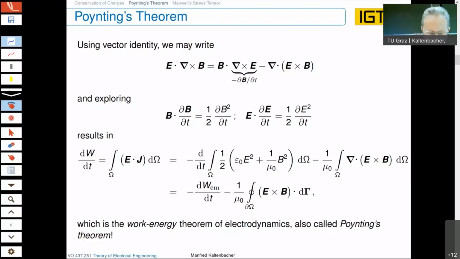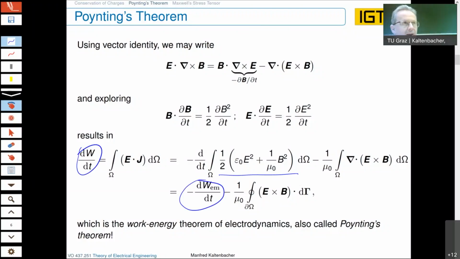Okay, so last time we investigated the change of the energy, and we have seen it is not simply the electromagnetic energy as written here, which we know we can simply compute. Here is the energy density by the magnetic part and the electric part.